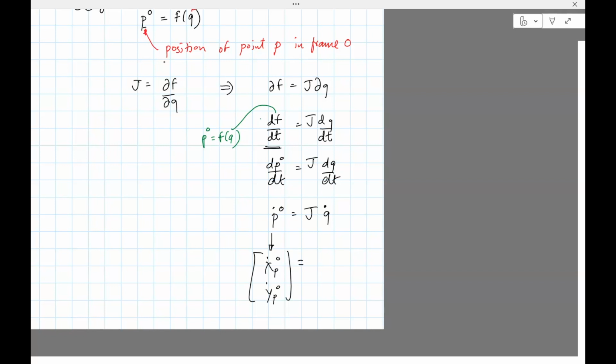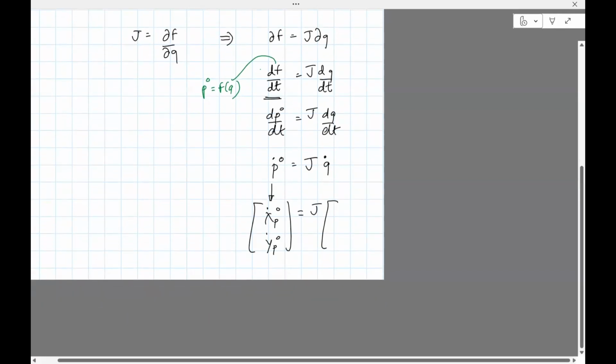P is the position of point P, some abstract point. J is the Jacobian. And what is Q? If you think of theta 1, theta 2, and so on, to be the angles which P is a function of, then this will be theta 1 dot, theta 2 dot, and so on.